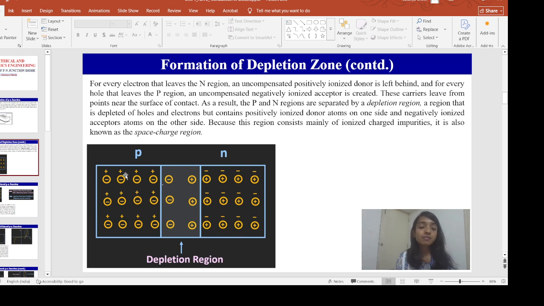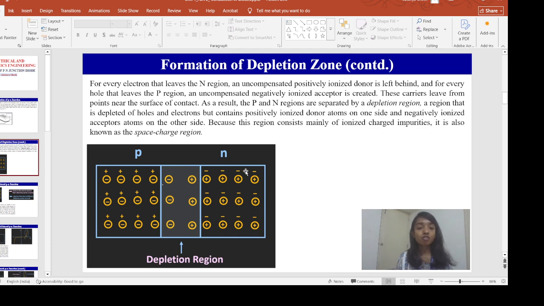Similarly, from the p side, holes will diffuse from the p side to the n side. Now when an electron reaches the p side, it recombines with a hole. When this electron recombines with a hole, the hole vanishes and the electron no longer remains free or mobile.